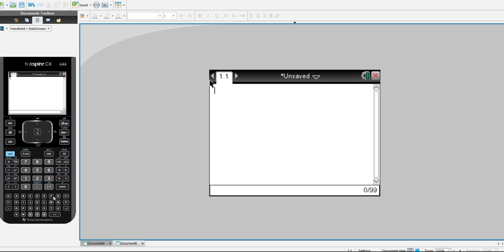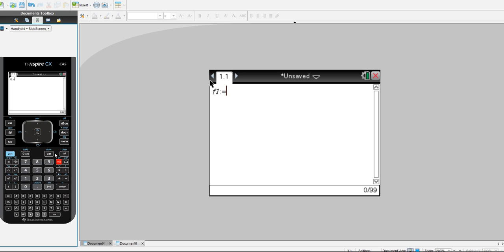So I'm going to write the function f1, control this symbol, is equal to, and then 2 times x to the power of 2 minus x minus 6. Enter. Now we have defined the function that we call f1. That's the name of our function.